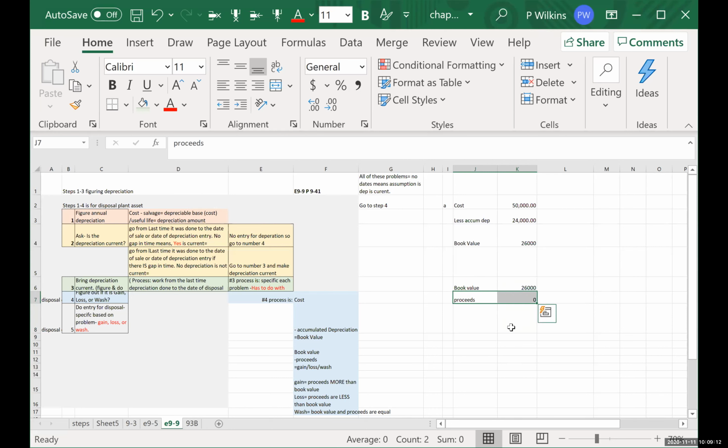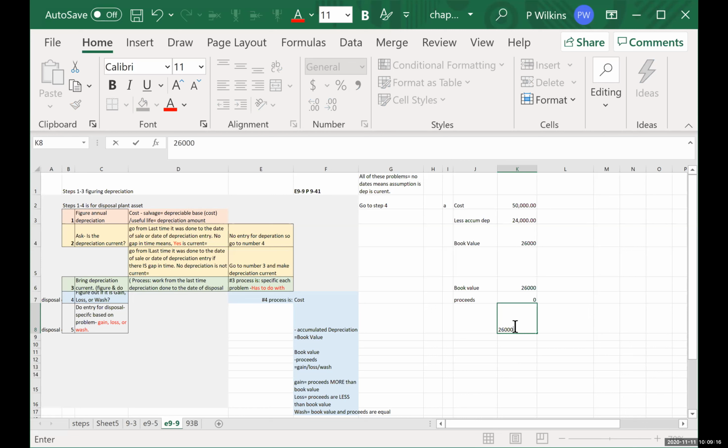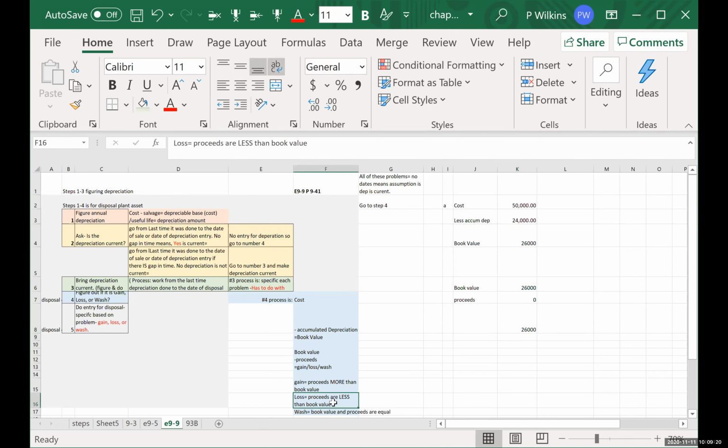The proceeds are 0. So the difference is 26,000, right? So the rule tells us if the proceeds are less than the book value, we have a loss. So we have a loss of $26,000. So basically we threw away a piece of equipment worth $26,000.